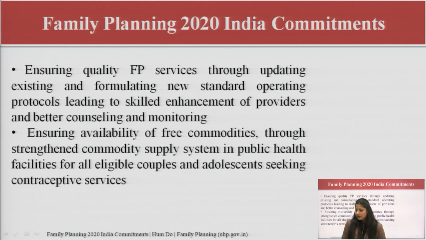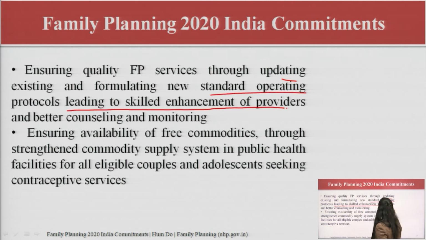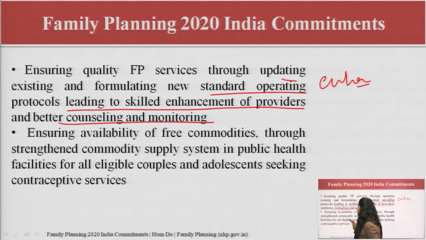Now see, ensuring quality family planning services through updating existing and formulating new standard operating protocols, leading to skill enhancement or providing better counseling and monitoring. So there are 2 points here: one is enhancement of providers, and the other is better counseling and monitoring sessions.